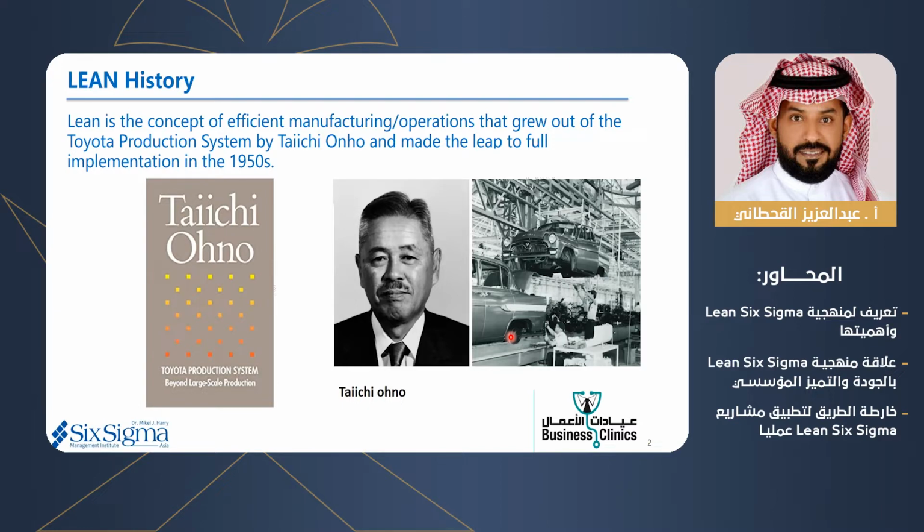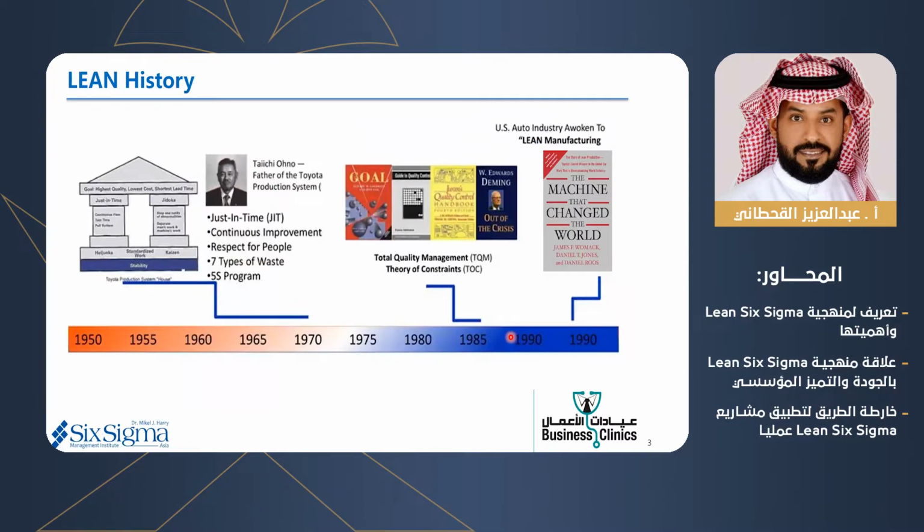And the concept behind Lean is to eliminate the waste or reduce the waste. So from the early 30s, the initial kickoff of lean manufacturing started in the 1930s and continues from 1950 until 1990.